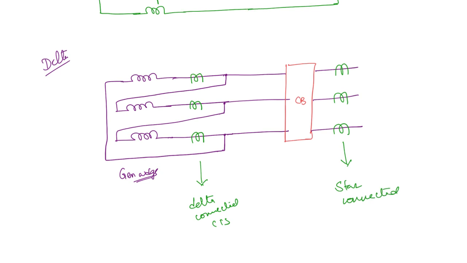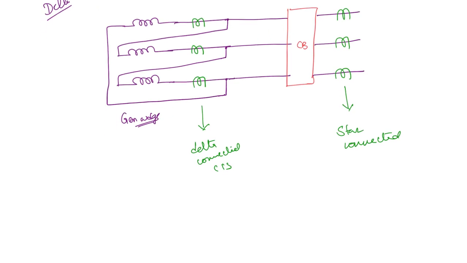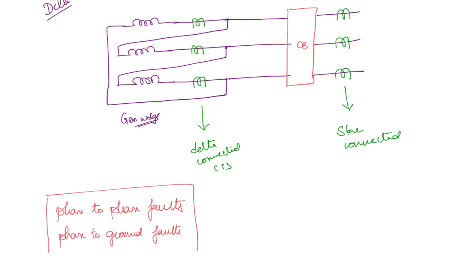This differential protection scheme that we have discussed offers protection against the phase to phase faults and phase to ground faults. And there is another kind of fault which is the inter-turn faults. In a machine there may be multi-circuit windings. That means there will be more than one coil for each phase.